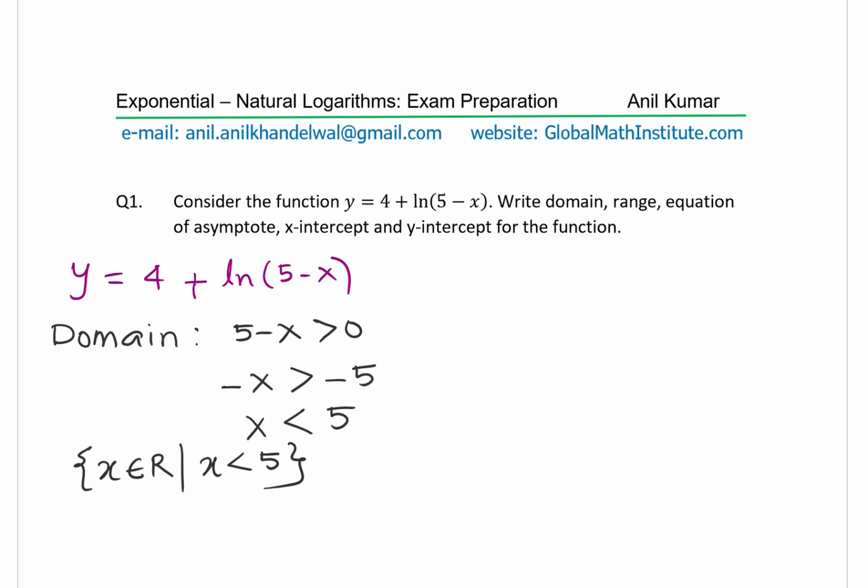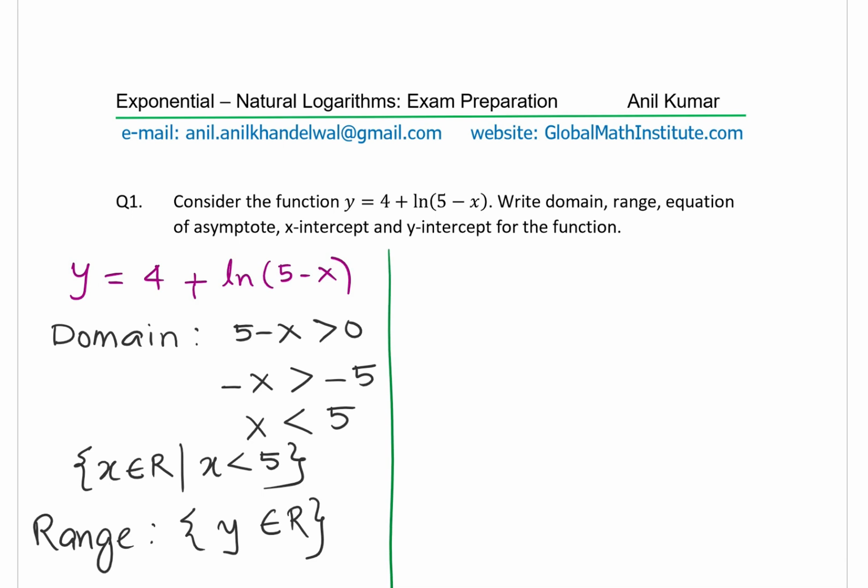As far as range is concerned, for logarithmic functions, range has no restrictions. So you can always write y belongs to real numbers. Now let's look into the asymptotes, x and y intercepts. The asymptote clearly is when the argument will be 0, right?